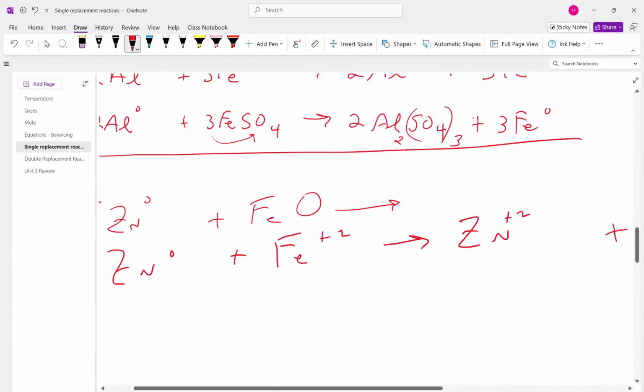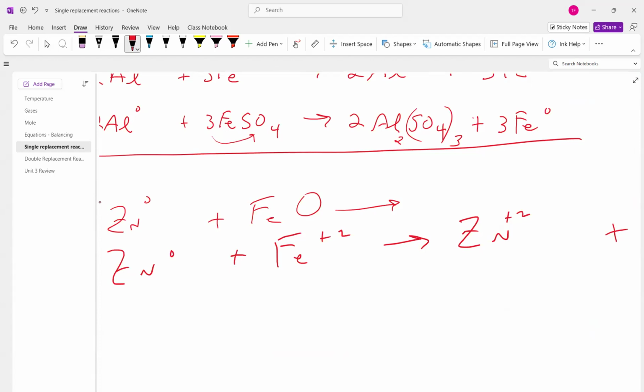Okay, so on the left reactant side, the zinc is the metal because of the superscript 0. The iron is an ion. So the question is, on the activity chart, which is higher, zinc or the iron? It doesn't. It's -2.